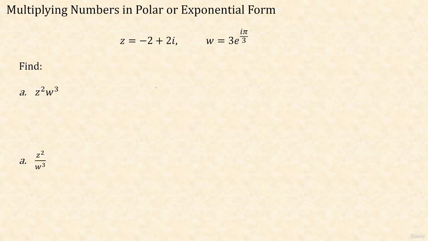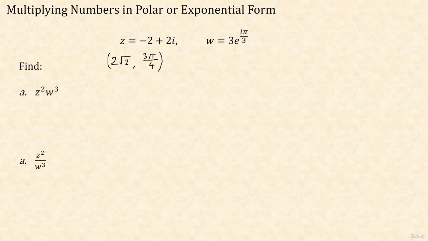Okay, what about combining them like this? So we've already seen that this number here was the same as 2 root 2 and then an argument of 3 pi over 4. And this one's already in a form that is okay for us. So when I multiply these up, here's how I can do it.